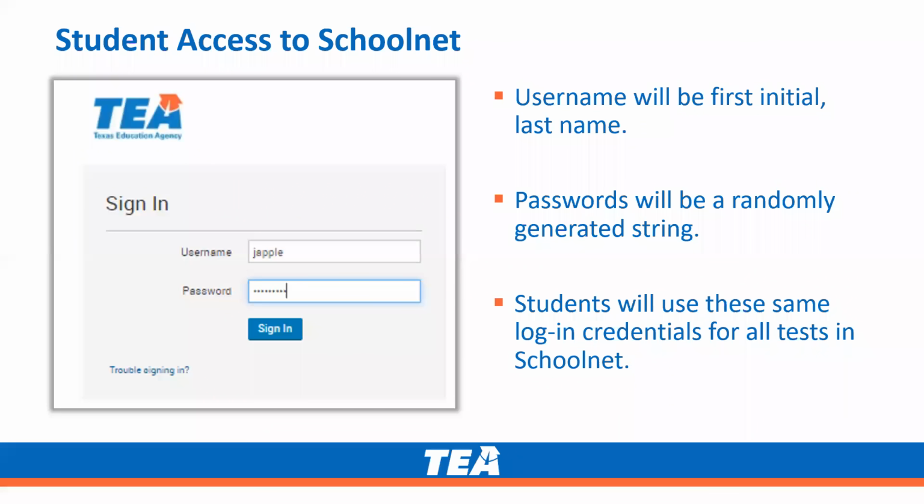These two pieces of information are what students need to log into the SchoolNet system. They need them for every single test you assign. So if you're assigning all grade 8 tests, they're going to use those same credentials for all 4 grade 8 tests.